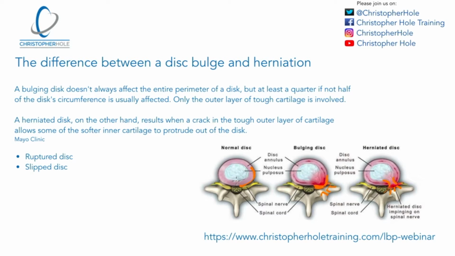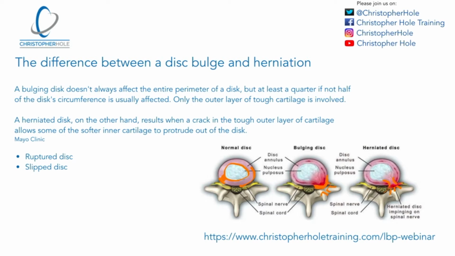So what you can see here is the soft gel-like substance on the inside of the disc, and then you've got the fibrous, tough wall of the disc that goes all around the outside. As I mentioned, the bulging disc is where the disc bulges onto the nerve, but the herniated disc is where it breaks through that wall and touches the disc.